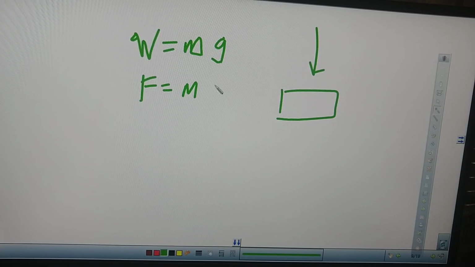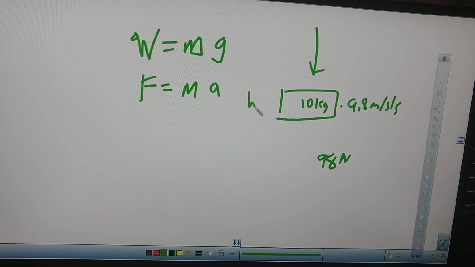And gravity is just acceleration. So these two are the same. If I ask you how much a 10 kilogram book weighs, you would say, Mr. Perkins, that weighs 98 newtons, because you'd say 10 times 9.8 meters per second per second. W equals mg, right? So weight is just a downward force.